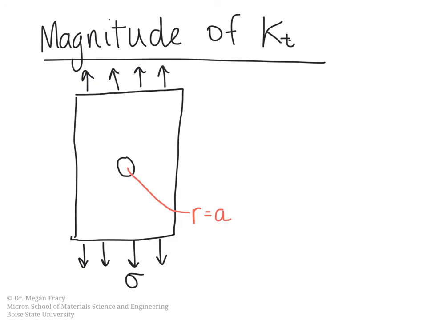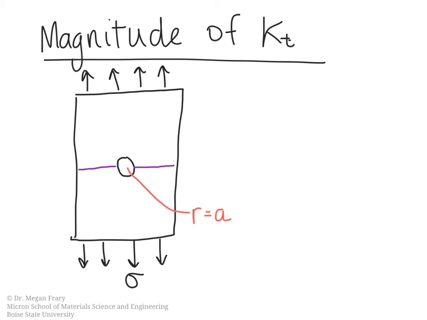Let's look at an example regarding what the magnitude of KT might be. We're going to assume here that we have a specimen loaded in uniaxial tension. There is a pore in the center of radius equal to a. We can look at the stress along this line, and we want to know, as a function of position, what is that stress?